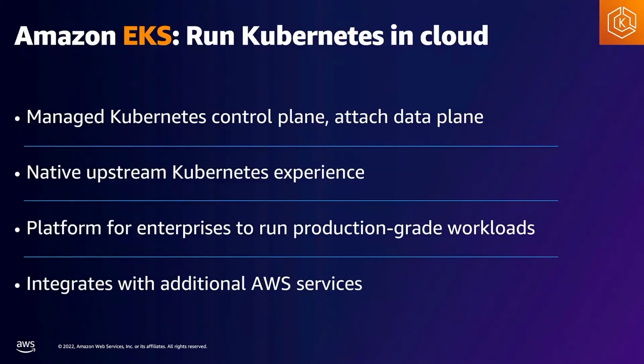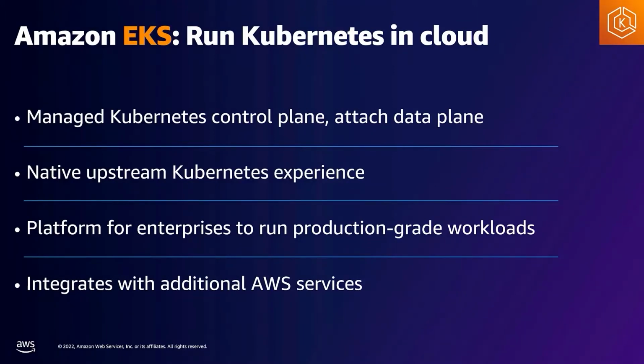And the best part about this is you don't have to worry about managing this Kubernetes cluster. You may like to use Amazon EKS, which is our managed Kubernetes service on AWS, which gives you the control plane where you can attach your data plane or compute nodes.